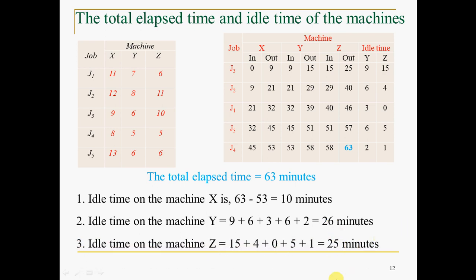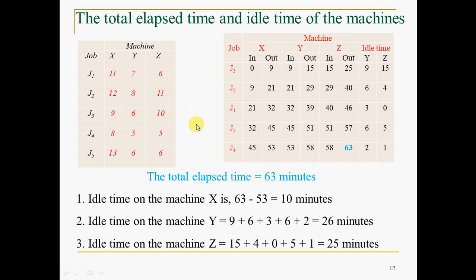So of course you can minimize the idle time by the optimal sequence. You cannot make it 0, but by following effective sequencing, you can minimize the idle time as well as the total elapsed time. Just by using Johnson's algorithm, in 1 or 2 steps, we'll get the optimal sequence. Otherwise, you have to check so many alternatives to find the minimum.